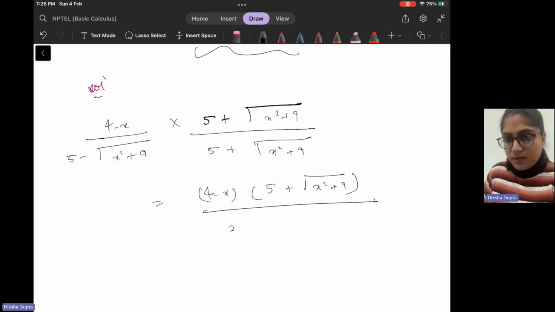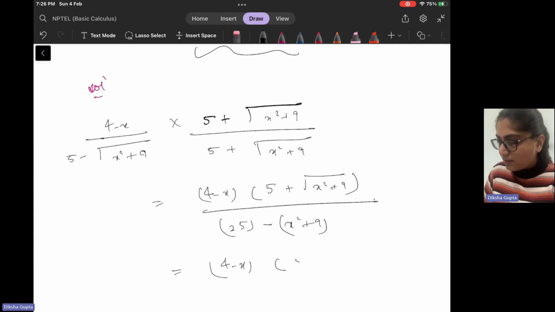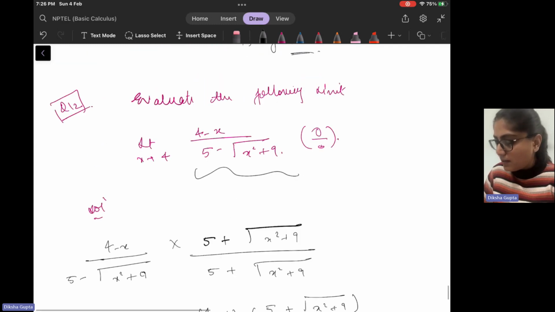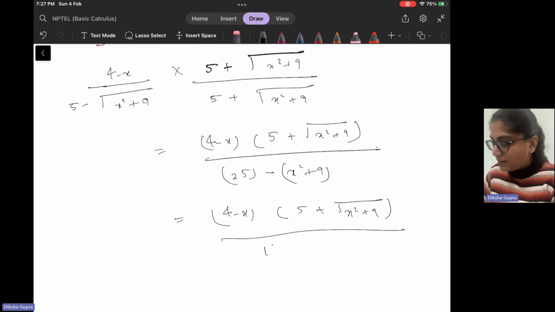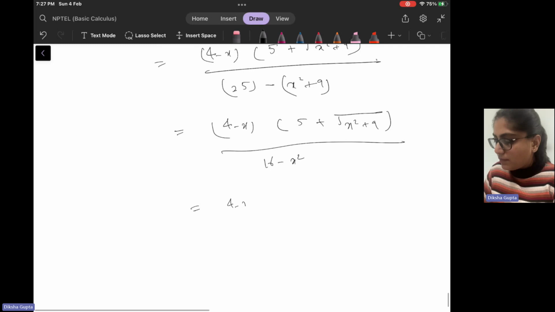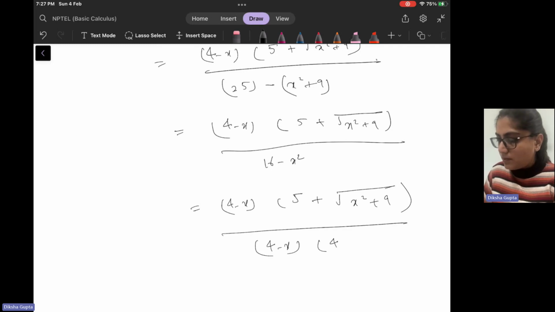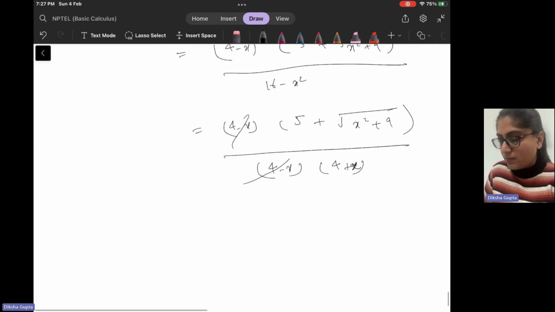So the denominator is a square minus b square, 25 minus x square plus 9, which is 16 minus x square. So this is (4 minus x)(5 plus square root of x square plus 9) upon (4 minus x)(4 plus x). Usually this 4 minus x factor will cancel out. That is how we avoid the denominator becoming 0 as x tends to 4. So this cancels, and if we put x tending to 4, the denominator is not becoming 0.